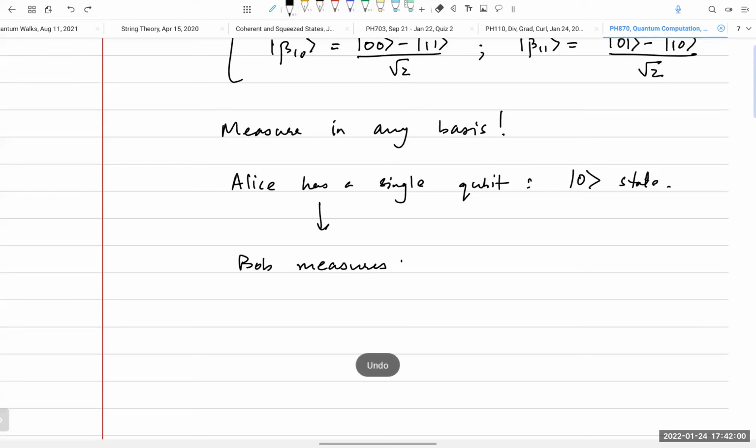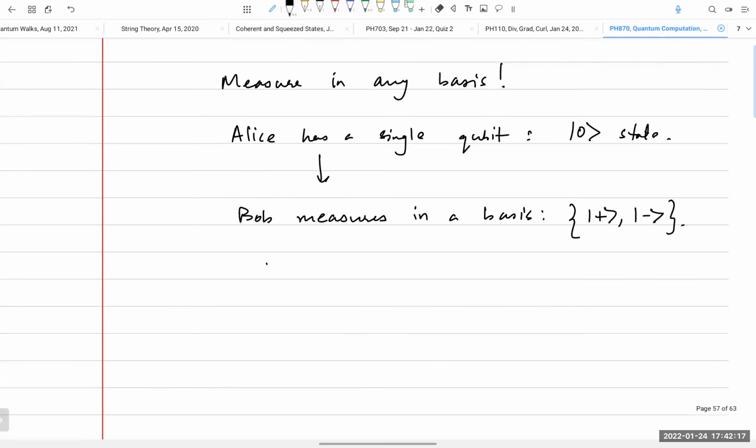But when Bob makes a measurement, what does he do? He uses a different basis. Let's say the basis that he uses is the plus minus state, where plus minus refers to the linear combination of these 2 states.